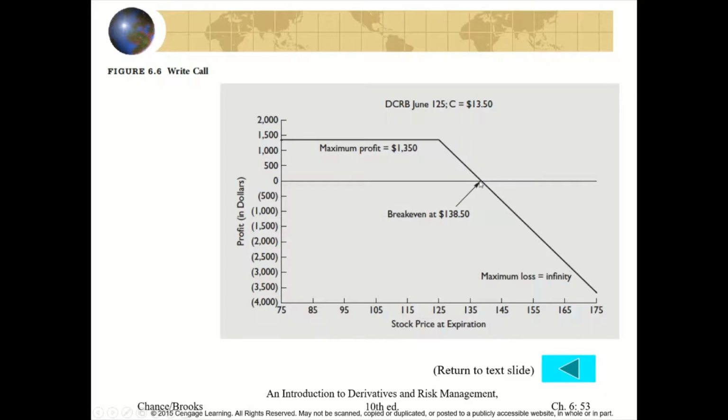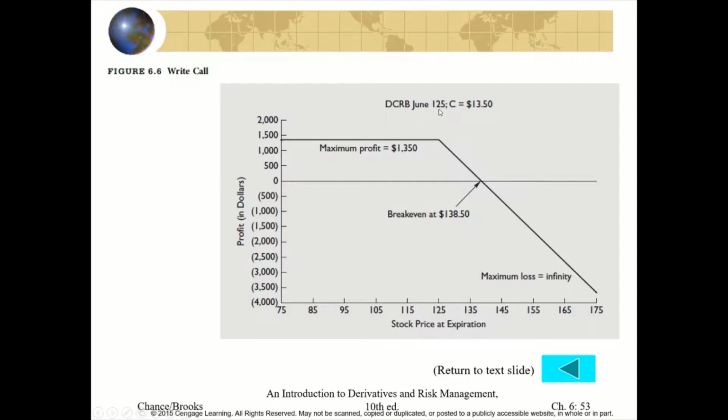What is the break-even point for writing the call? Well, since I am paying the payoff and I received the premium, the break-even point will be the exercise price plus the premium I received. Why?